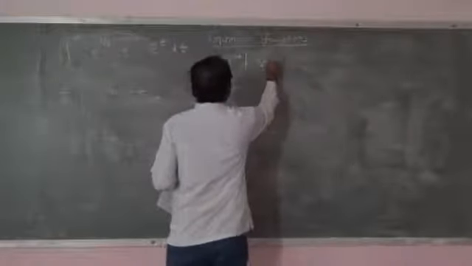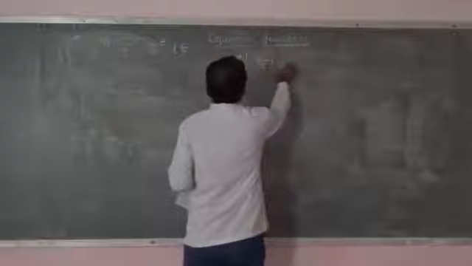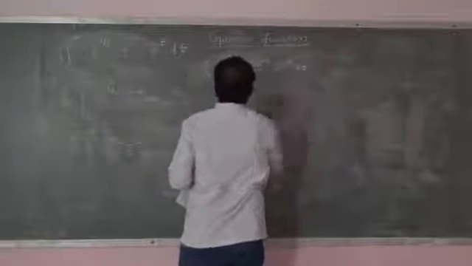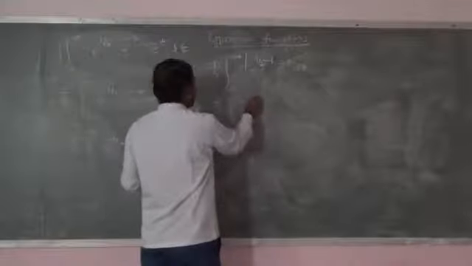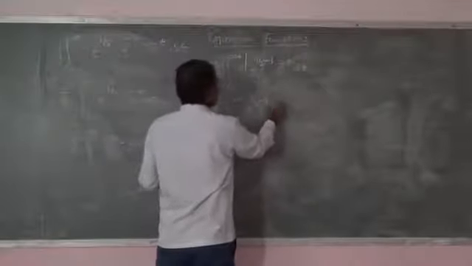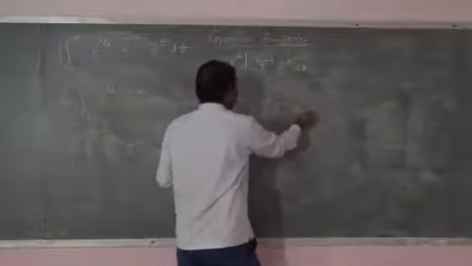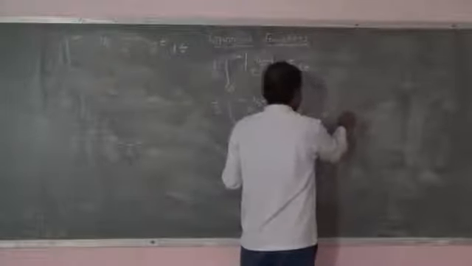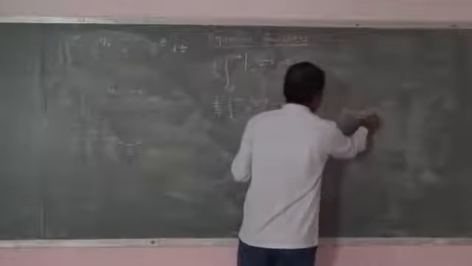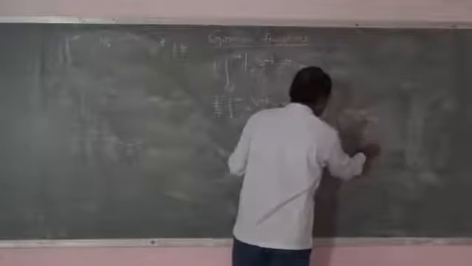In terms of x you can write this as 0 to infinity x raised to half minus 1 e raised to minus x dx, and this is similar to the definition of gamma functions, x raised to n minus 1 e raised to minus x dx, which we write as gamma n.